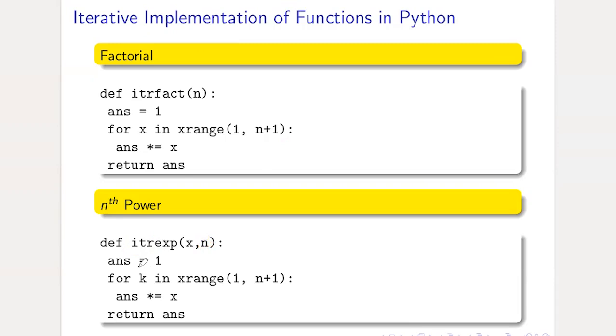So we know that it's done by repeated multiplication, and so the answer is again set to 1, and then we start repeated multiplication with x, okay, and return that as the answer.